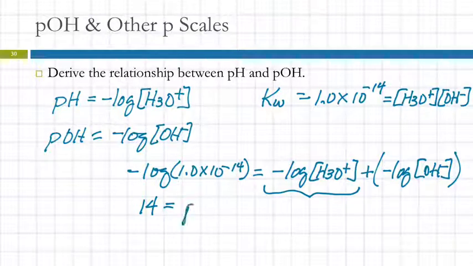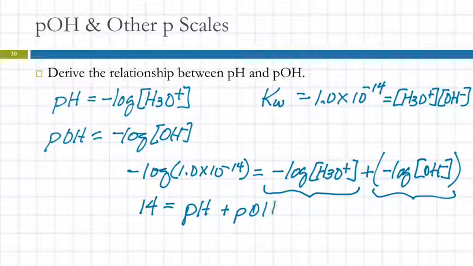So 14 is equal to pH plus pOH. So the relationship between these two p units, pH and pOH, is actually very simple. They add up to equal 14. Any questions? So you don't need to know how to do that, but you should remember that pOH plus pH equals 14.